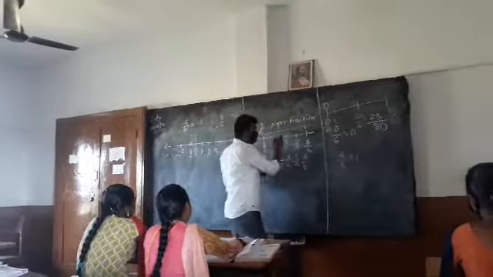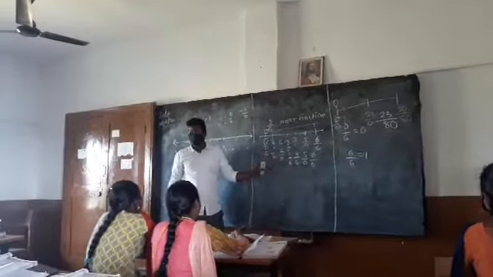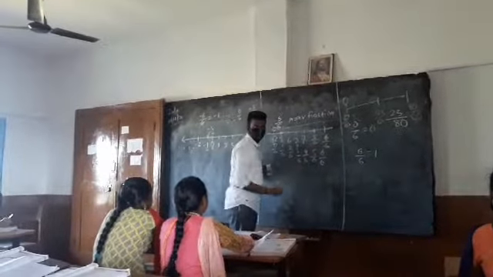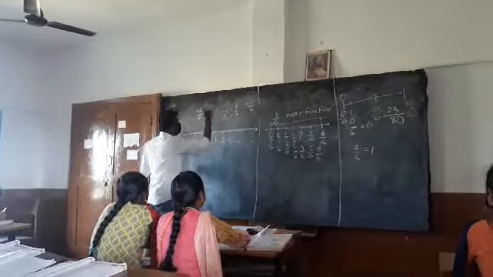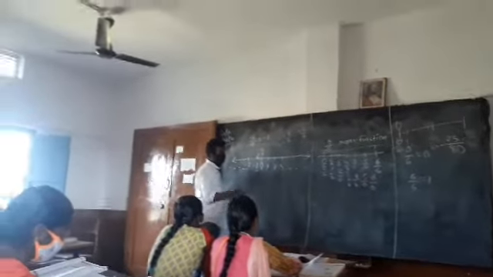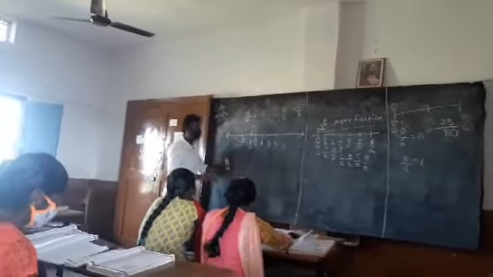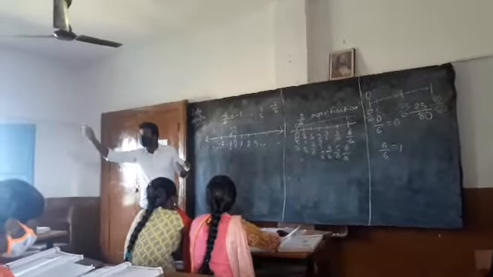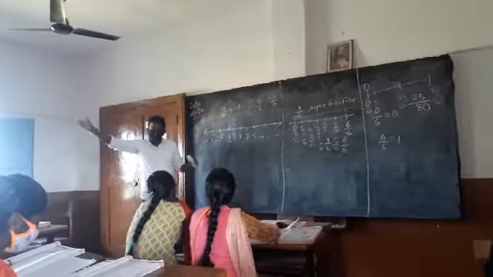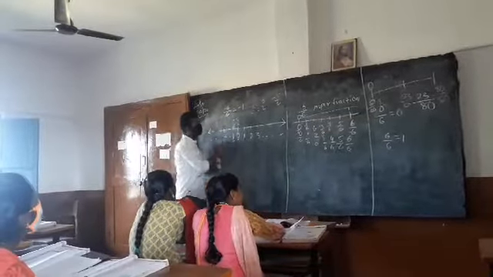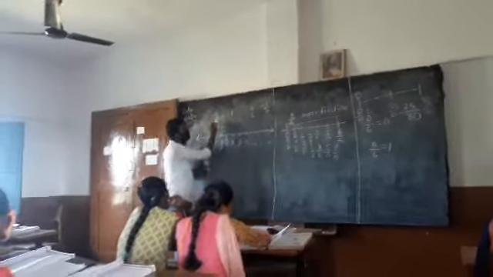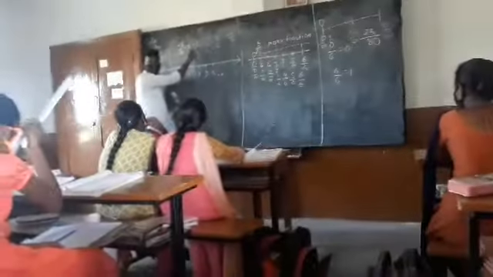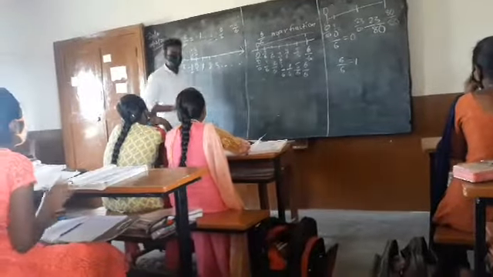If there is 80, you make 80 divisions between 0 and 1. If the fraction is negative with 6, you make 6 divisions between 0 and minus 1, because minus 6 by 6 gives us minus 1. Understood? Are you clear with this?